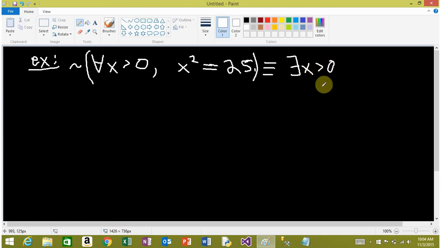So we're saying there exists an x greater than 0, and then we have such that, because we always use that with the existential quantifier, and then we negate the statement p of x, which is x squared equals 25. The opposite of that would be x squared does not equal 25. And that would be our negation. There exists an x greater than 0 such that x squared does not equal 25.